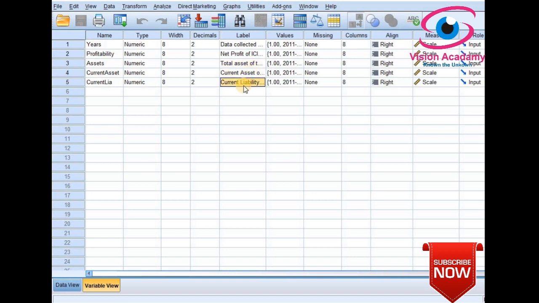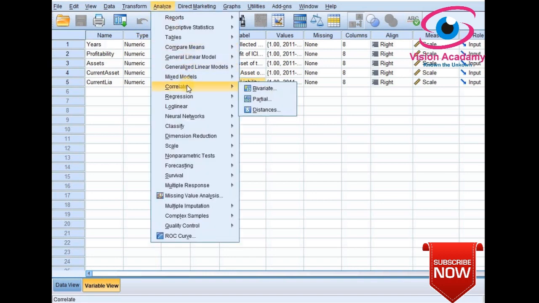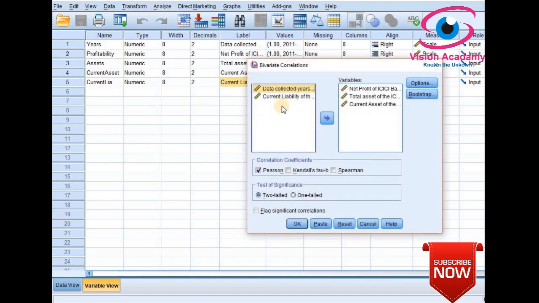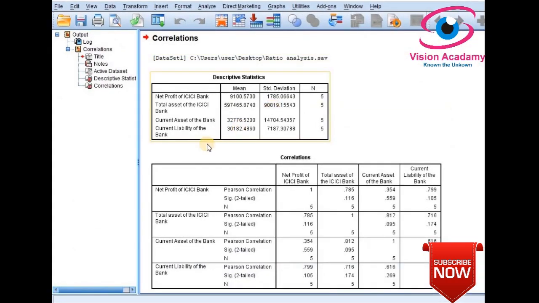We saw in the last example that we considered only current assets as the dependent variable. Now we are considering two dependent variables, and over that we will calculate. So one more variable is under consideration. Here it means higher the net profit and total assets increase the current assets as well as current liability. Let us have the output of that.